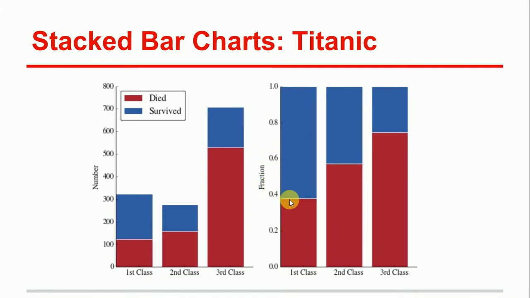It shows here that if you were on the Titanic in third class, you were more likely to die because they didn't care about third class's survival as much as first class. Because in first class, 60% of the people survived. In second class, 40% of the people survived. In third class, 20%. I mean, 80% of the people died.